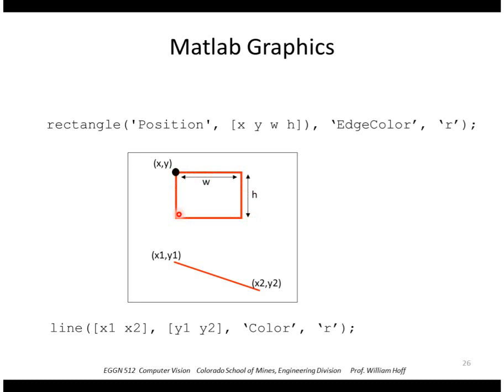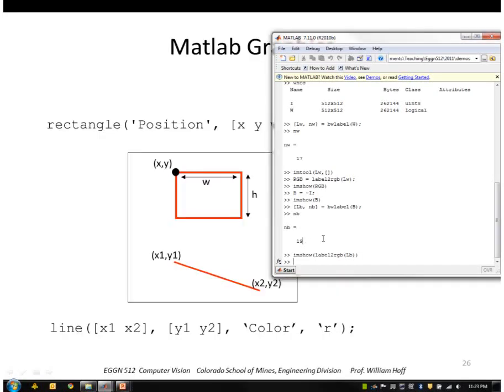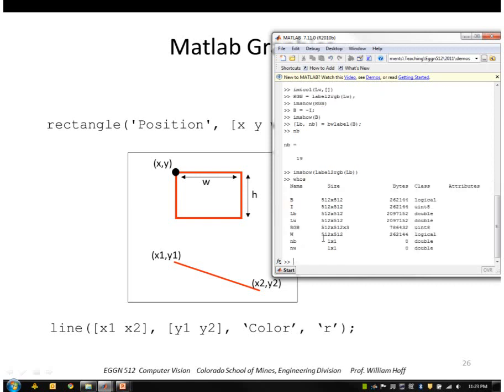Let me just run that on the example I had earlier of these coins. So I have a white binary image region, and let me run bwlabel on blobs white. Oh, I've actually already done that.